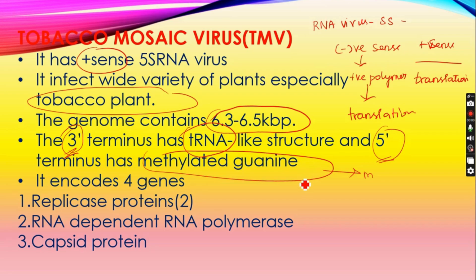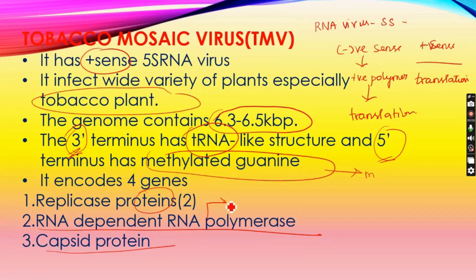The genes of the tobacco virus synthesize 4 proteins: 2 replicative proteins, 1 RNA-dependent RNA polymerase involved in RNA polymerization, and a capsid protein. The replicative protein is involved in the replication process, and the capsid protein in capsid synthesis.